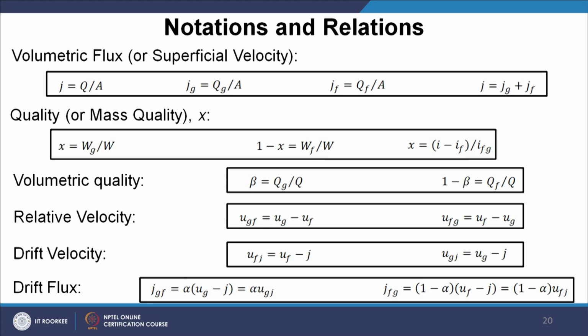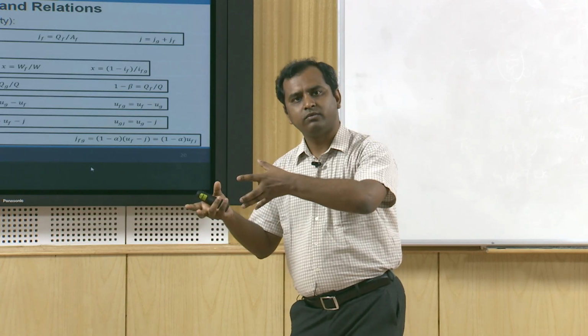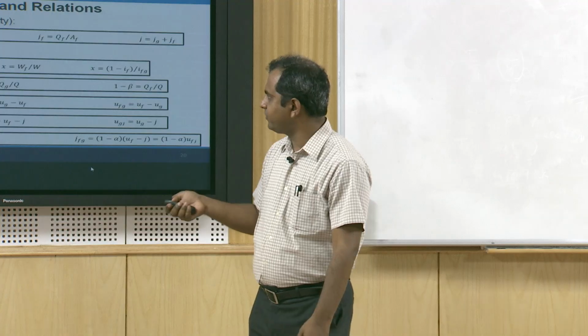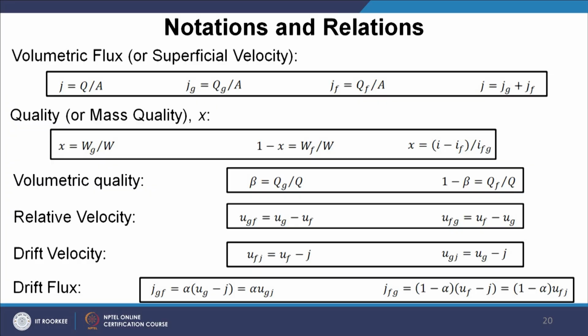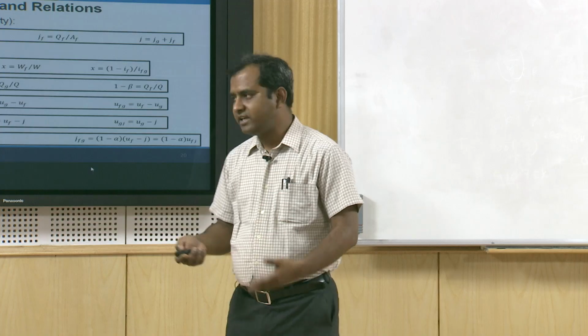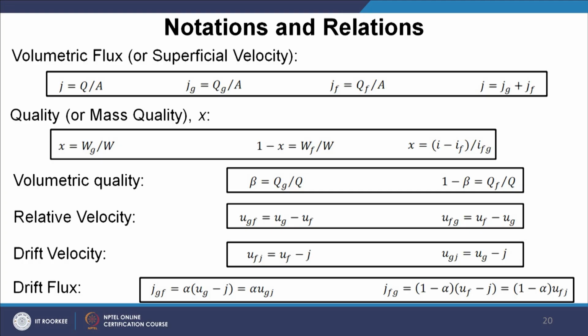Now, after this relative velocity, let us find out what drift velocity is. So, what is drift actually? It is how much one phase is lagging from the overall phase velocity. So, that is drift. Already we have seen the overall phase velocity, or superficial velocity, which we write as j. So, for an individual phase, how much it is lagging we can find by subtracting j from its velocity.